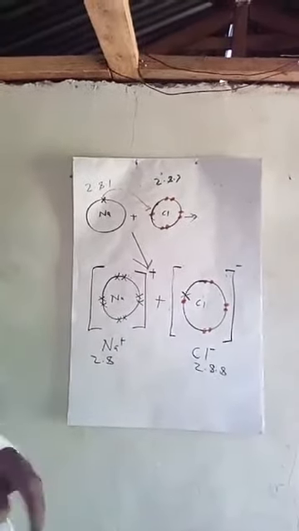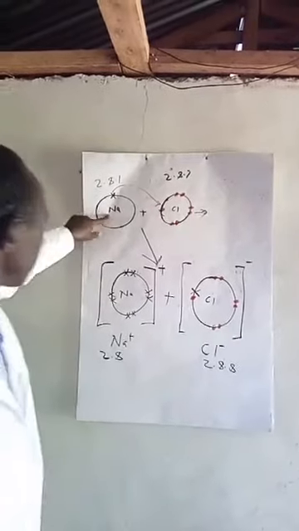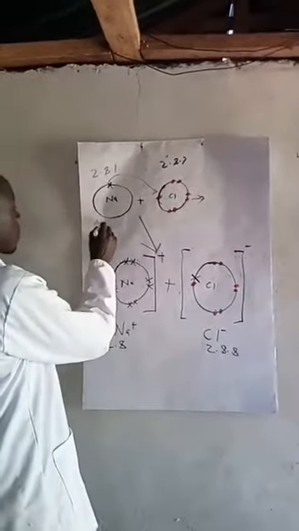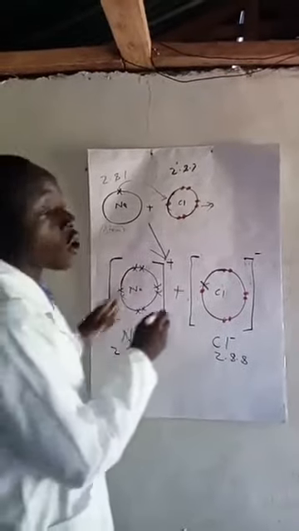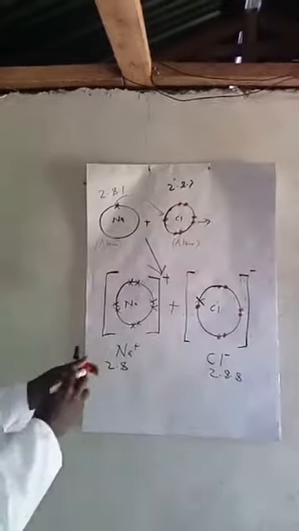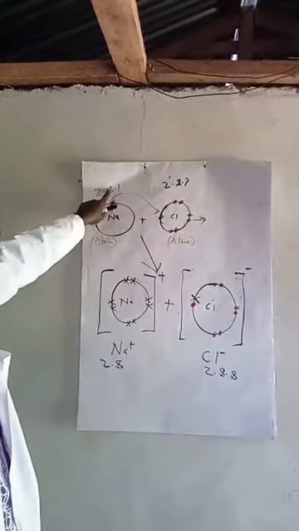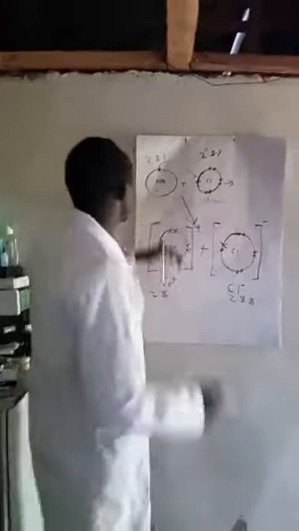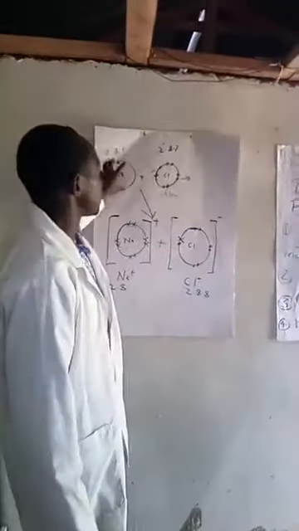Let us revisit this again. This is the sodium atom. This is the chlorine atom. So the sodium atom is 2,8,1. For sodium to be stable, it loses one.